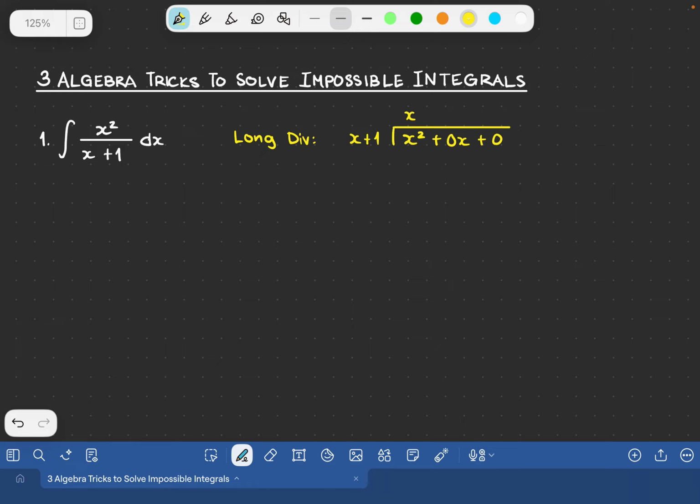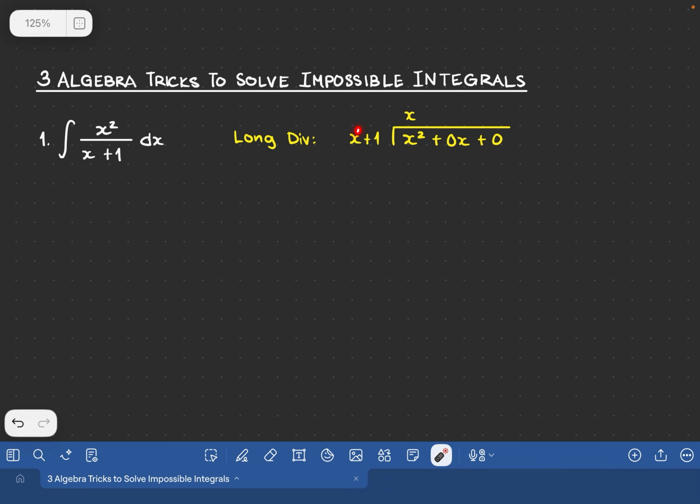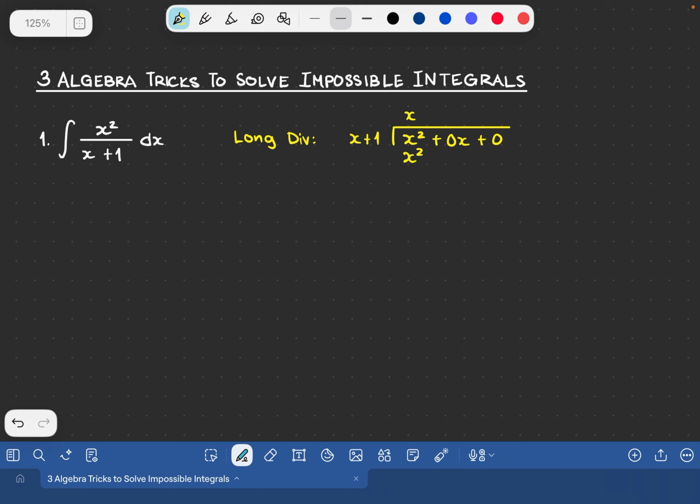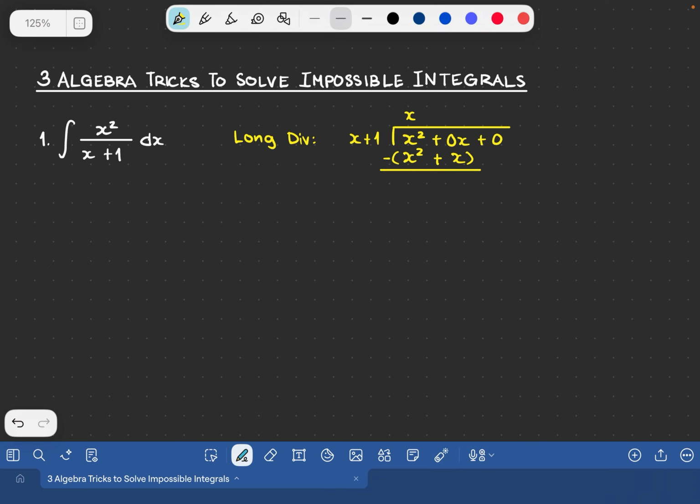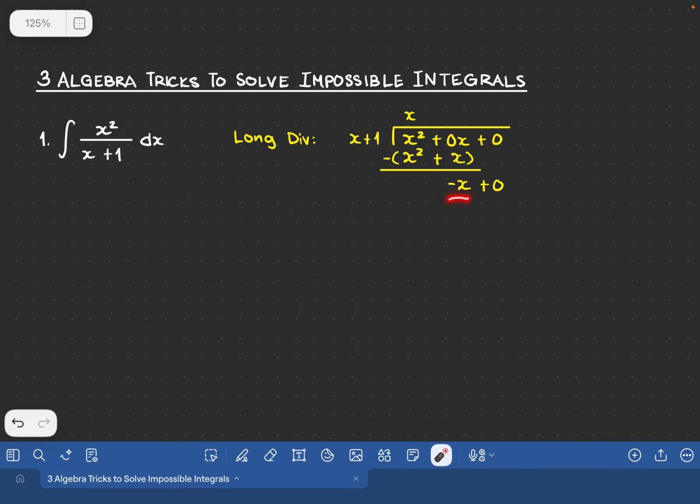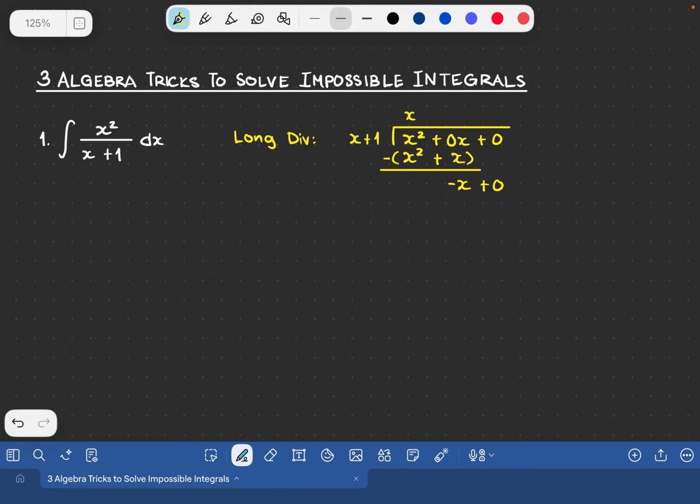So we'll have x, since we need to multiply by x so that this one becomes x squared. So we'll have x squared plus x. We subtract these two, this will cancel out and we will be left with negative x. Then let's put plus 0 here. Since this one still has the same degree as this one, we can still divide.